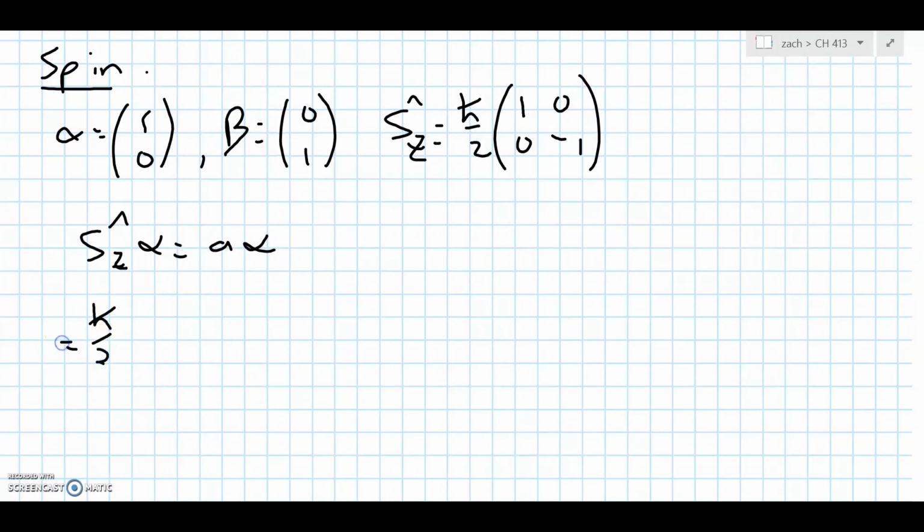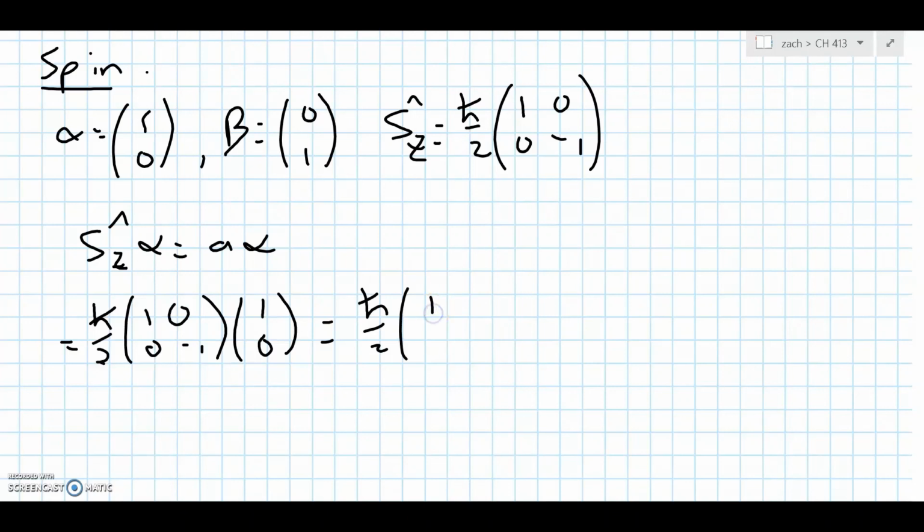So h bar over 2, 1, 0, 0, minus 1 times 1, 0 gives us again h bar over 2. We're going to multiply the rows and columns, so 1 times 1, 0 times 0 gives us 1. 0 times 1, minus 1 times 0 gives you 0. And so we see that the value is h bar over 2.